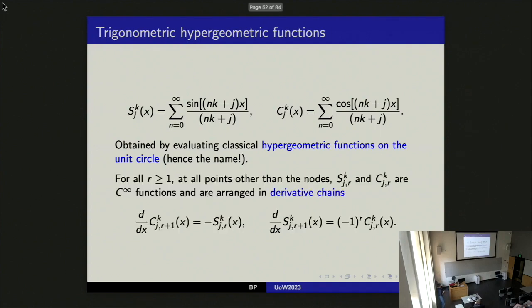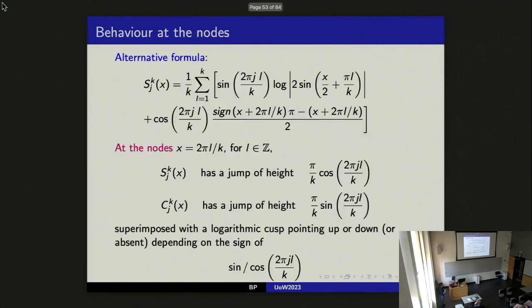And there are lots of identities about these special functions. For example, the derivatives are arranged in these chains. This is just structural stuff. You can write them in an alternative way as a sum of some log terms and some cosine terms, and you can study this anyway.